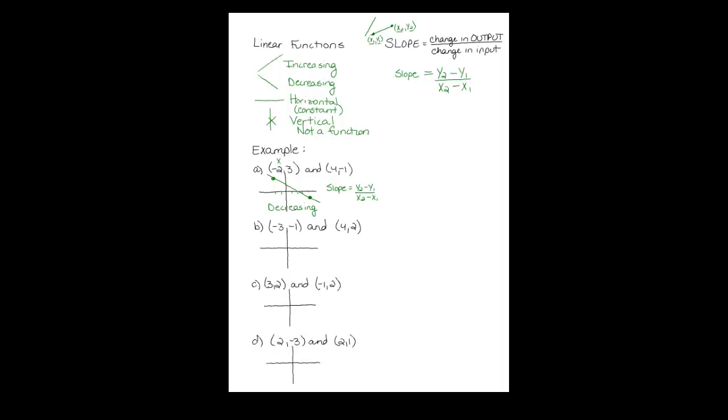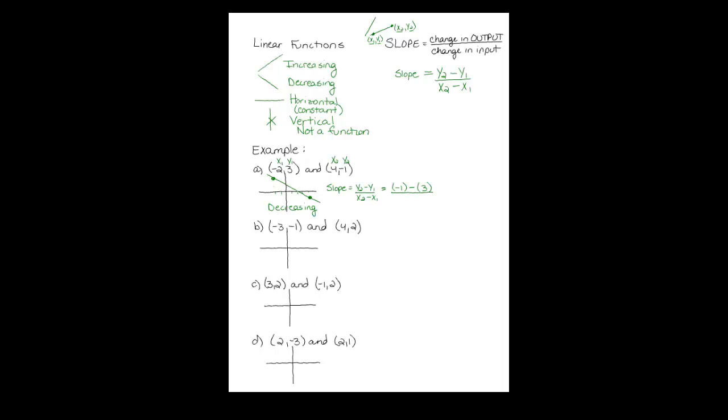This first one, I'm going to call this x1, y1. The second one, x2, y2. Now I'm just going to plug these values into my formula. y2 is -1. So I'm going to plug in -1. Here's my minus sign. The minus sign stays there. Plug in y1. y1 is 3.